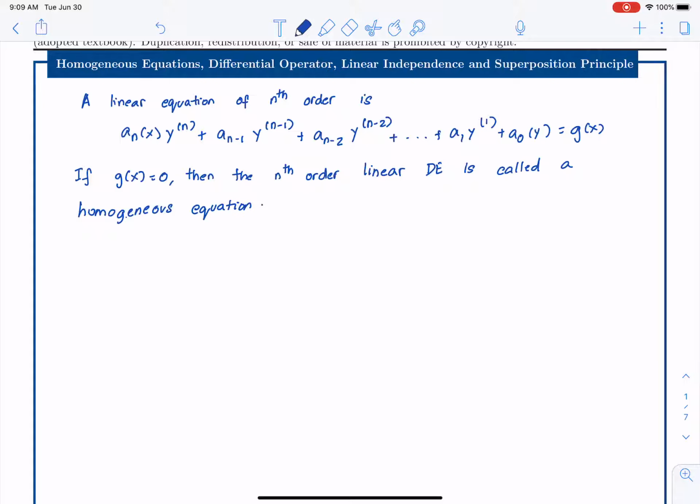And always you've got to keep in mind that a sub k of x for k equals 0, 1, 2, all the way up to n, they're all functions of x, or in general, functions of the independent variable.